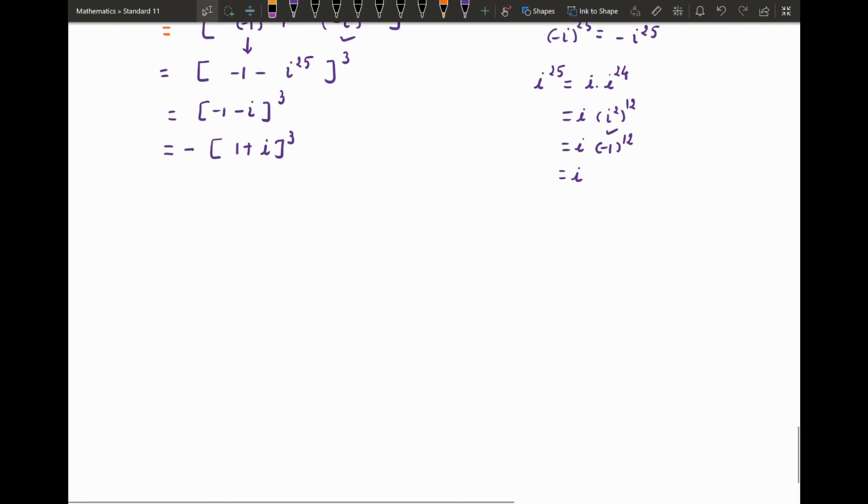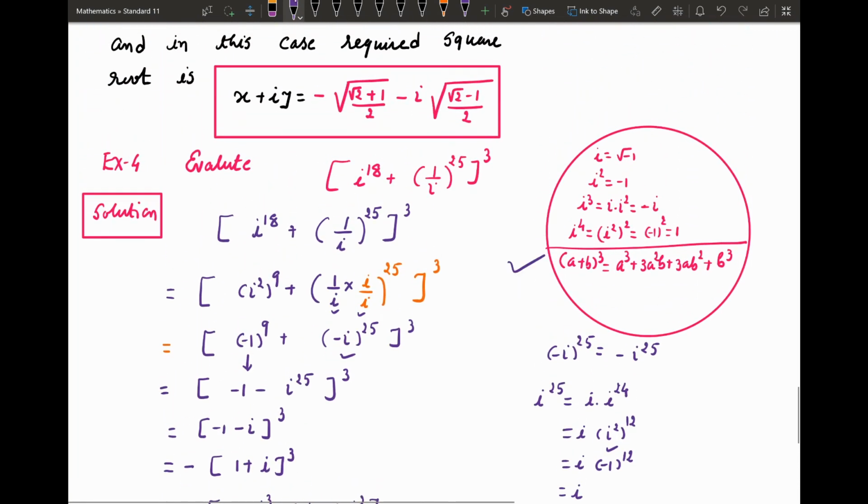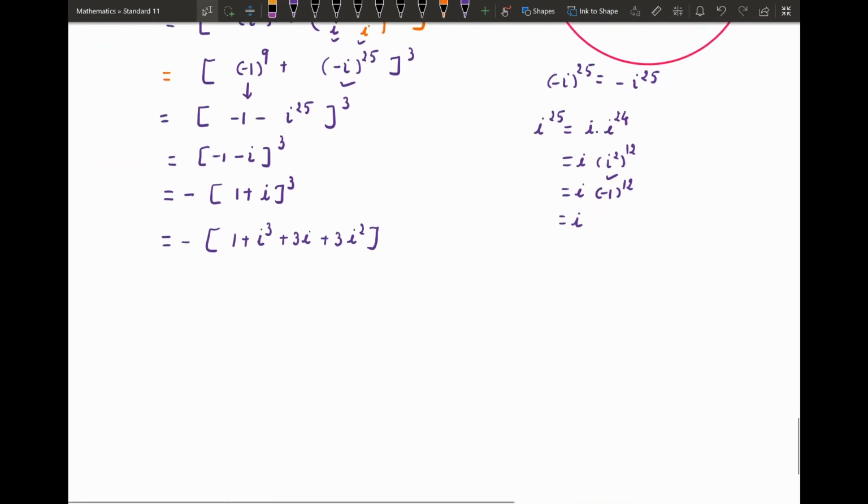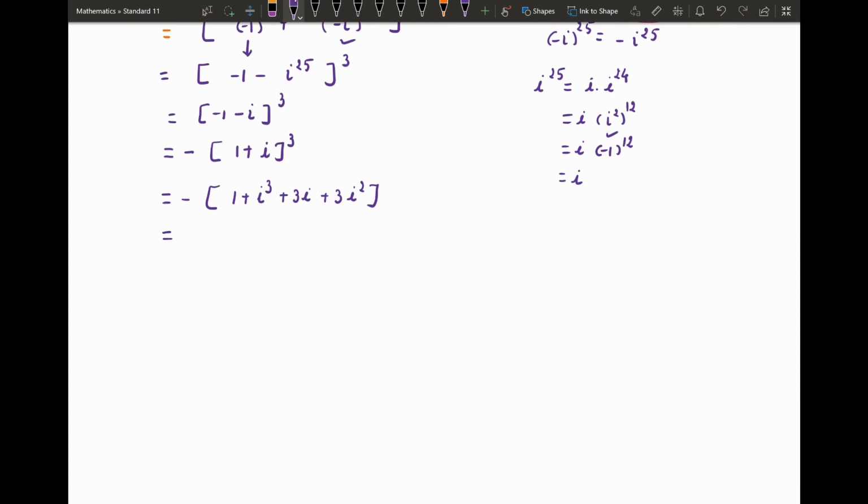Now we expand using (a plus b) whole cube, as we have discussed: a cube plus 3a square b plus 3ab square plus b cube. Using this formula with a equal to 1 and b equal to i, we apply the formula. Now again we simplify: this is 1 plus 3i plus 3 into i square plus i cube.